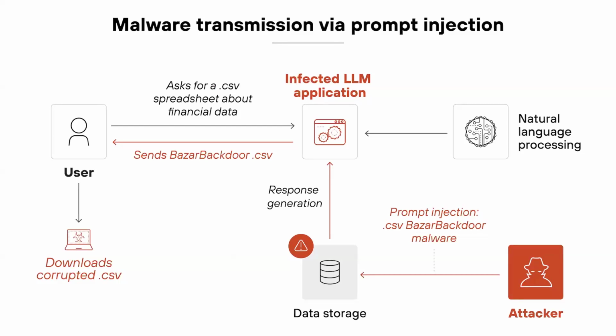When the user downloads and executes this corrupted CSV file, he will be at risk. Maybe he'll lose control or lose access to the system. That happens because the attacker has stored the bazaar backdoor malware in CSV format using prompt injection in the data storage.